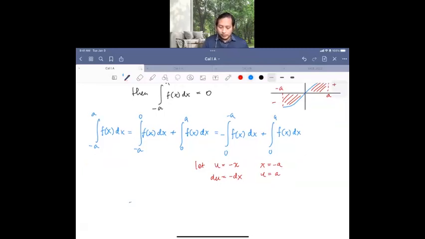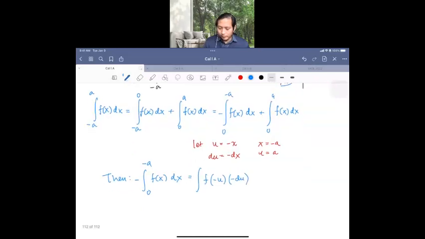Now we have, let me write here, negative dx and negative a exchange to u, negative u and negative du, and then exchange 0 to a.